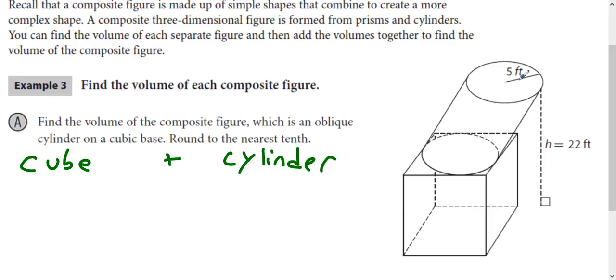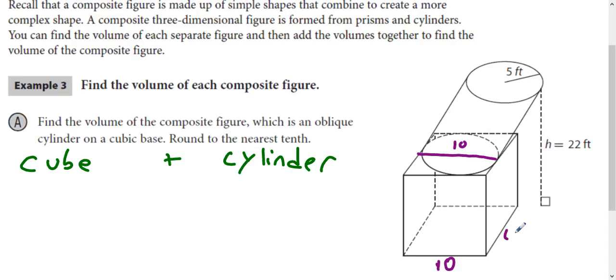So we know that the cylinder has a radius of 5, and that fits perfectly on top of this cube. Which means that if the radius is 5, the diameter is 10, so that's also the side length of the cube, because it fits perfectly right there.